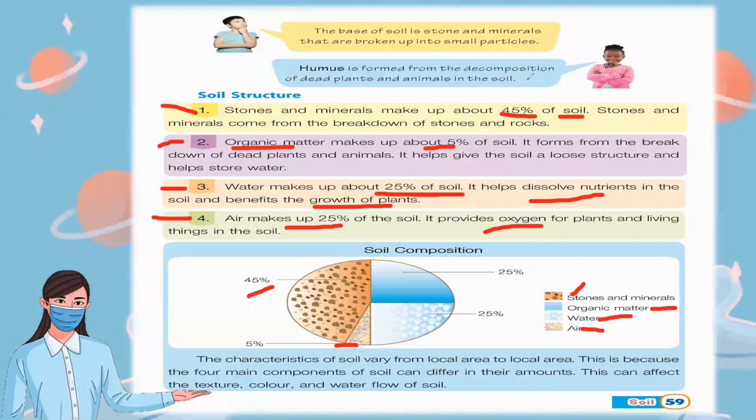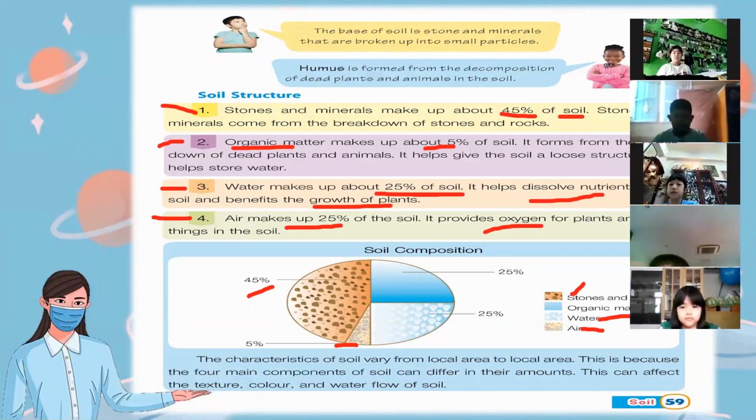It provides oxygen for the plants and living things in the soil. Okay, students, you understand the structure of the soil? Yes. Okay, so these are the four important things.